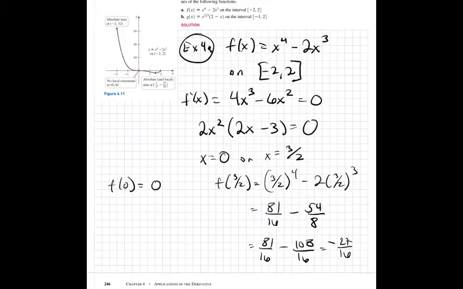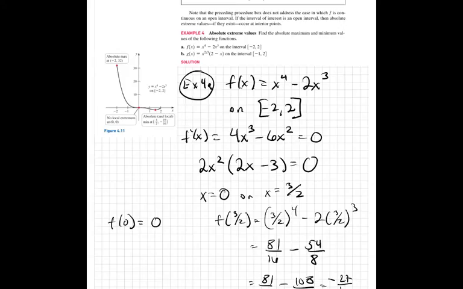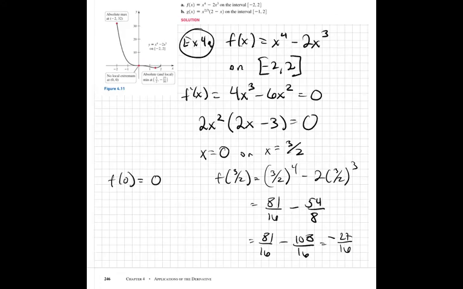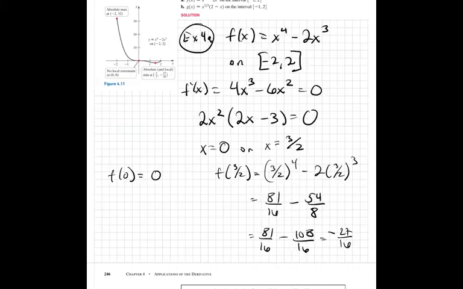Now the endpoints. We have the value of 0 when x is equal to 0. We have a value of negative 27 over 16 when x is 3 by 2. And we need to test the endpoints.